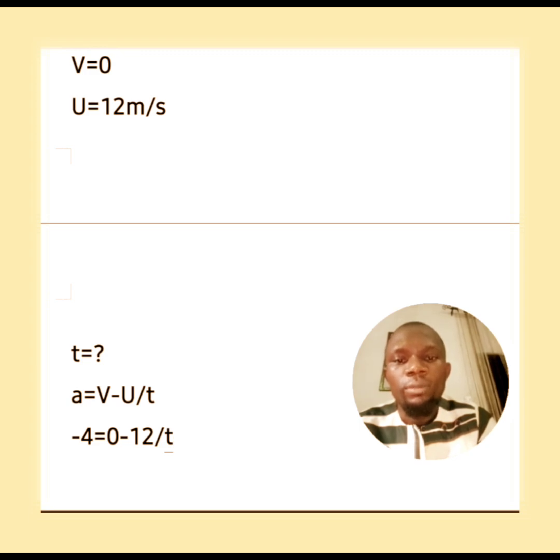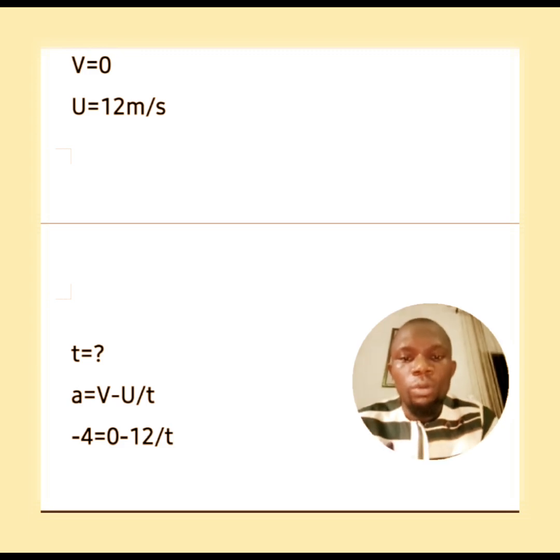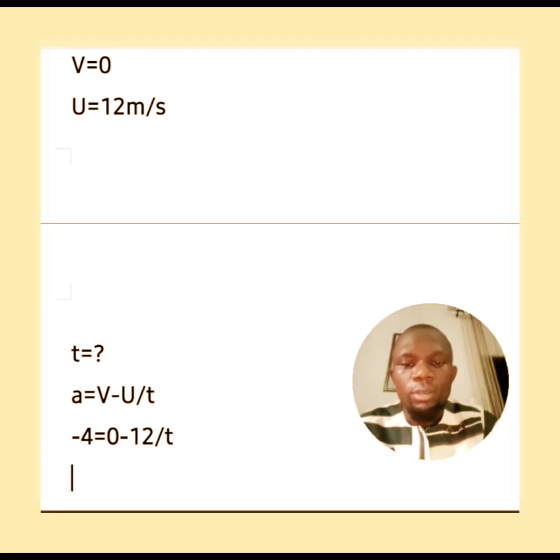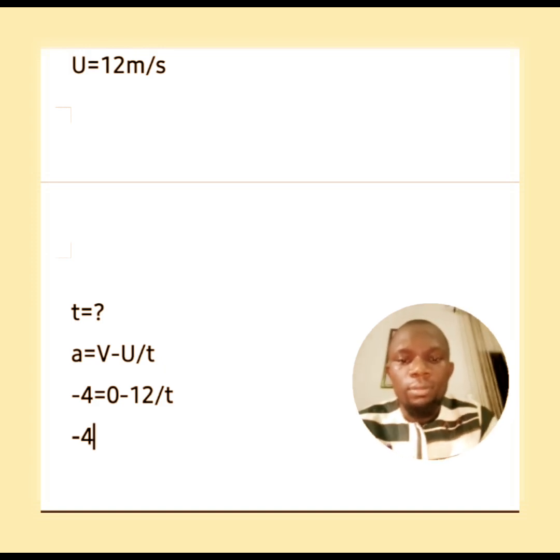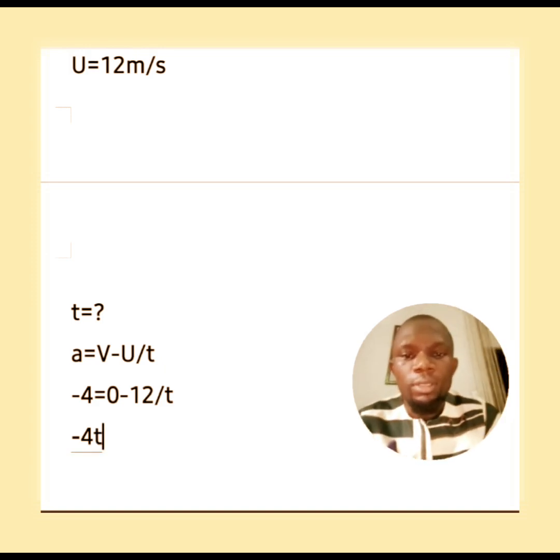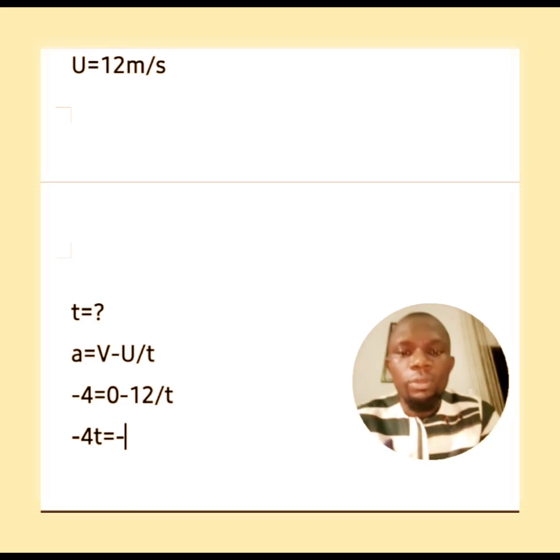What will I do? I need to cross multiply. I'll have minus 4T equal to minus 12, because 0 is nothing.